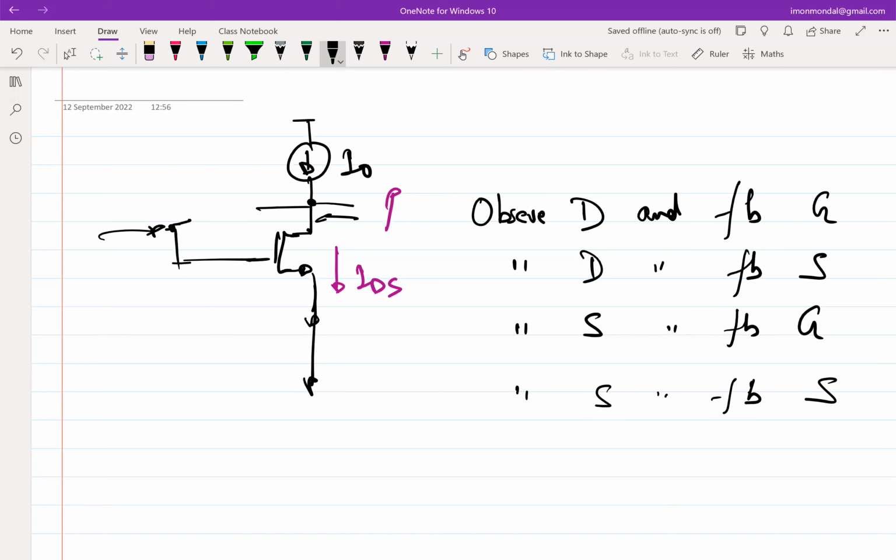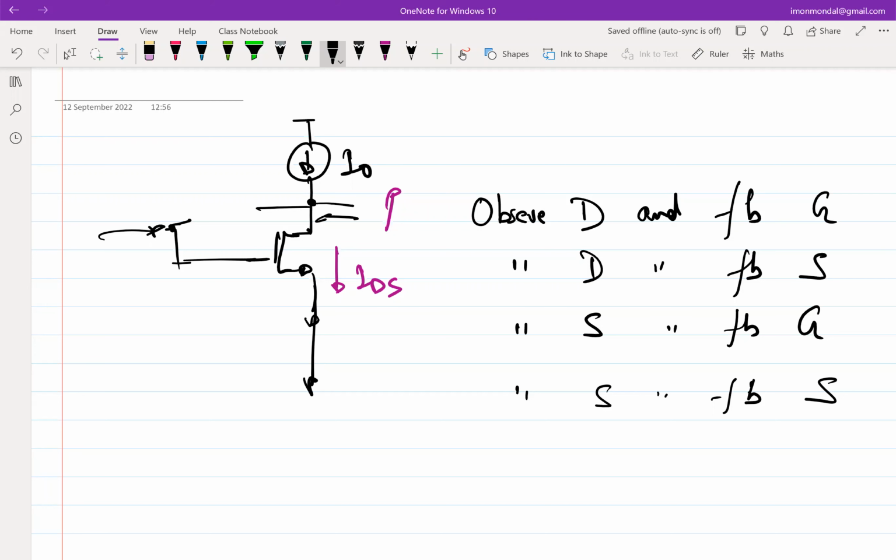In principle, I can do all four. And obviously, I cannot apply the feedback at drain because that is not a controlling terminal. The drain voltage is not controlling the current of your MOSFET. I mean, you might say there is a GDS, but that is a very weak control, right? So you don't get too much control from GDS.